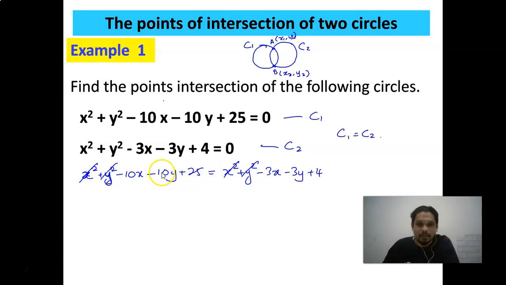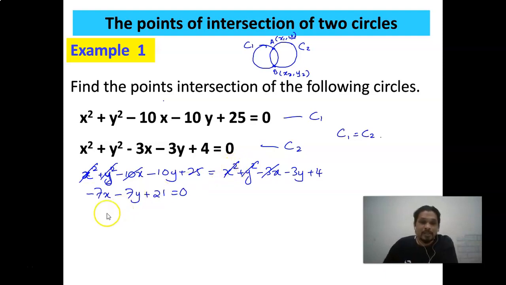Now negative 3x brought to the left side becomes positive 3x, so negative 10x plus 3x equals negative 7x. Then negative 3y brought to the side becomes positive, so negative 10y plus 3y is negative 7y. And 4 becomes negative, so 25 minus 4 is plus 21, equal to 0.